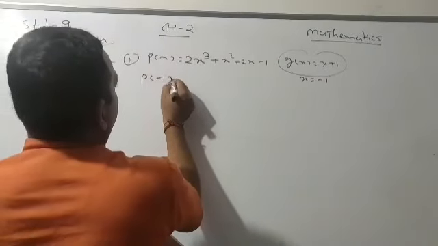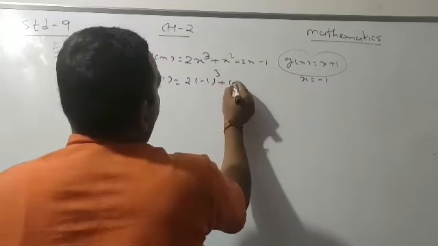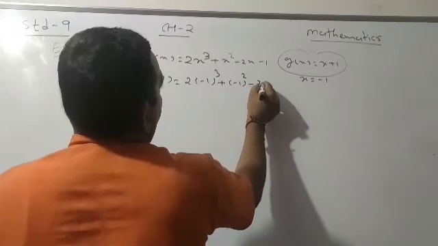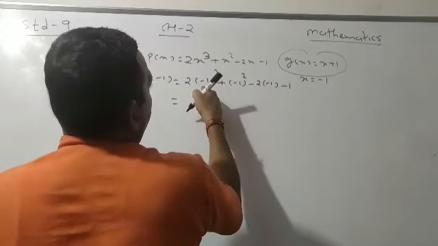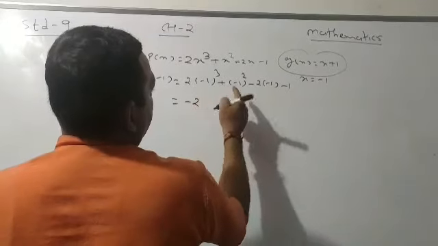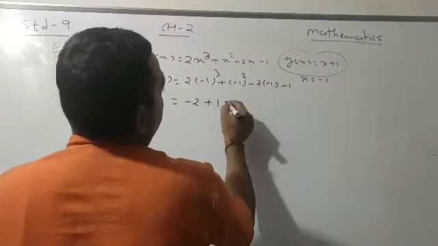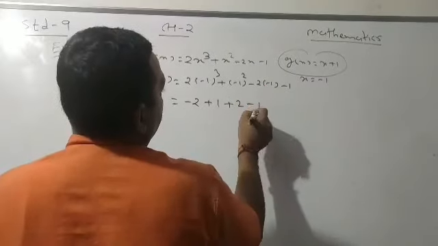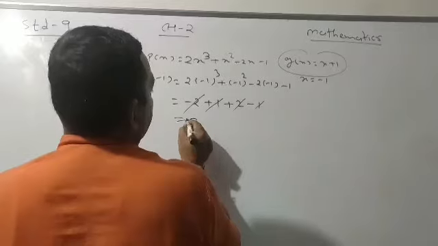So p of minus 1 is 2 of minus 1 cube plus minus 1 square minus 2 of minus 1 and minus 1. Now we know that minus 1 cube is minus 1 into 2, so it is minus 2. Minus 1 square is plus 1. Minus 2 into minus 1 is plus 2 and the last one is minus 1. Minus 2 plus 1 minus 1 get cancelled, we get 0.